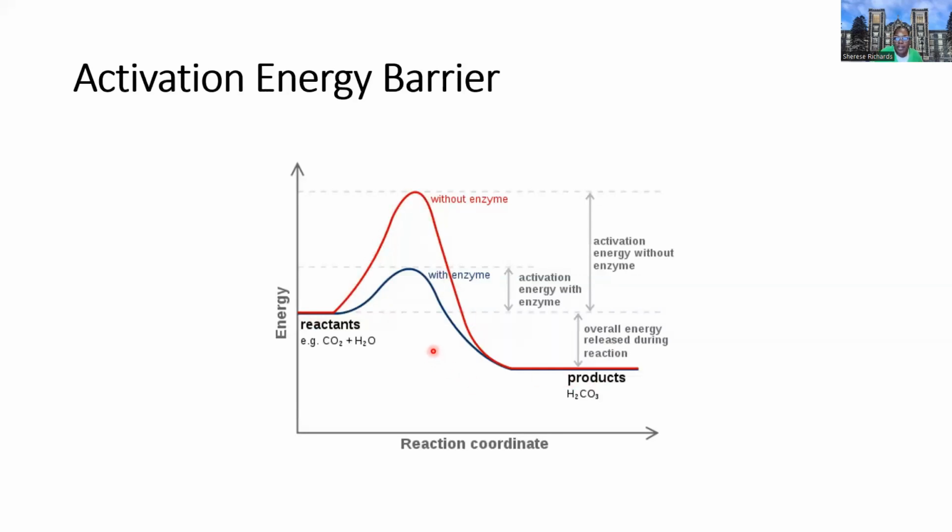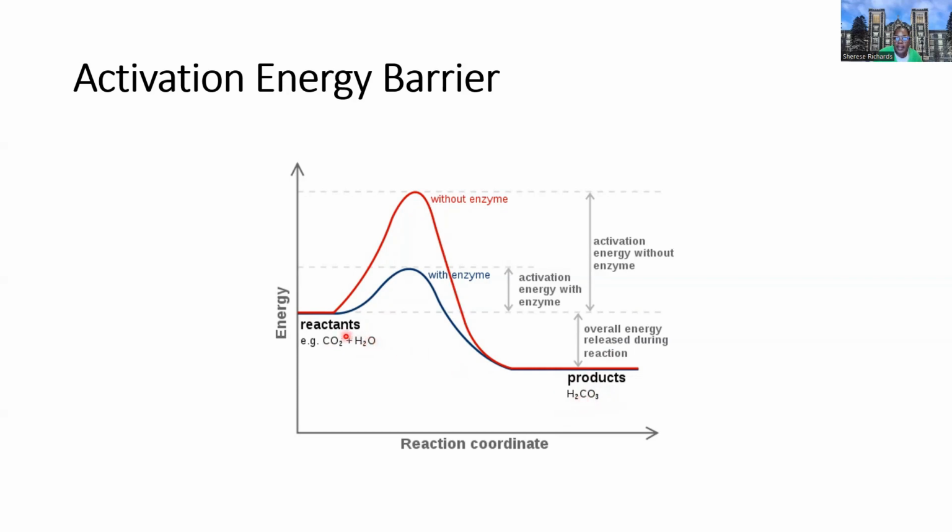So we're looking at how much energy is required to go from reactants, if we take the example here, which is carbon dioxide and water, and we convert that to carbonic acid, which is the normal reaction that would occur with those two substrates. This is the product that we would get.